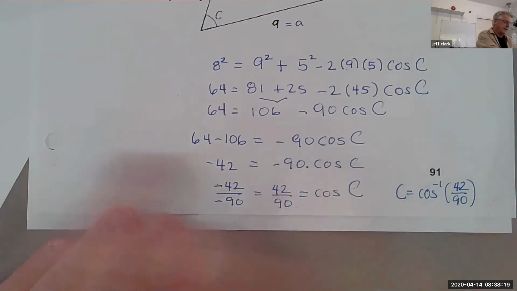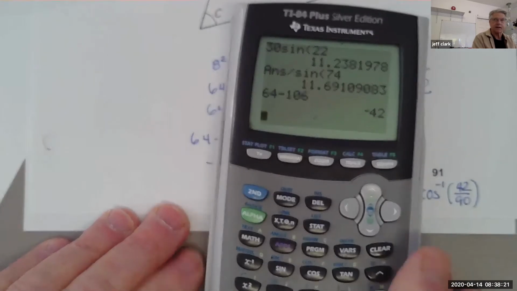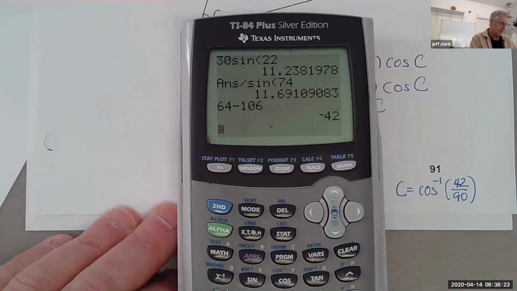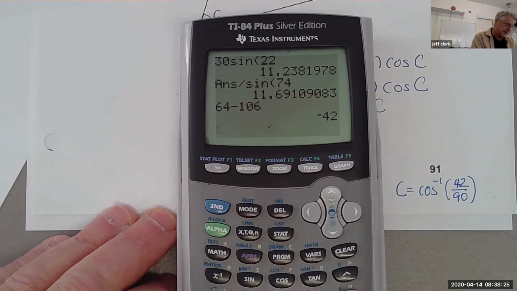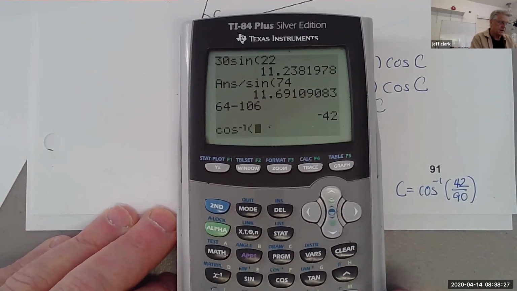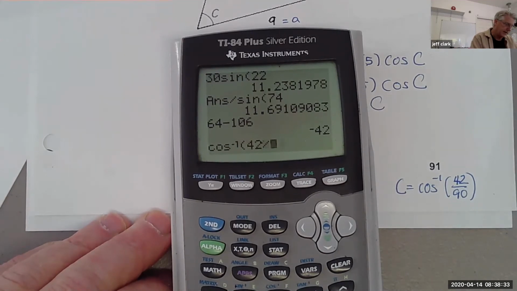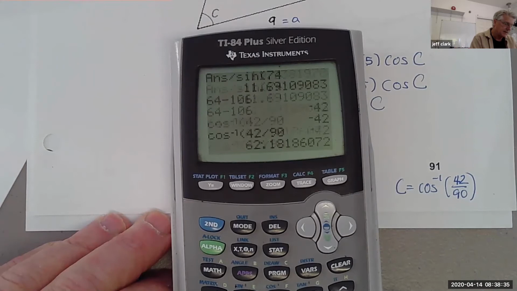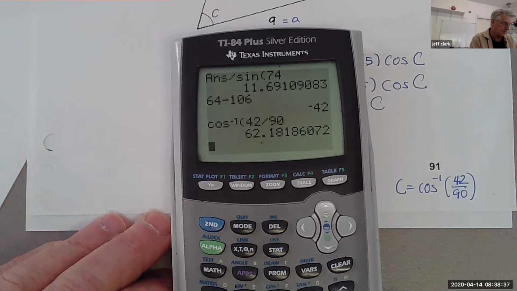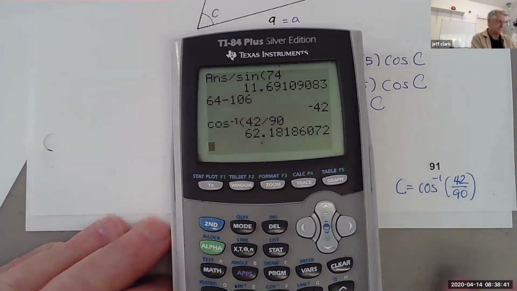And my calculator's result, you've got to make sure you're in degree mode. Second, so that's cos inverse of 42 divided by 90. And I'm getting about 62, let's do 2 decimals, 62.18.